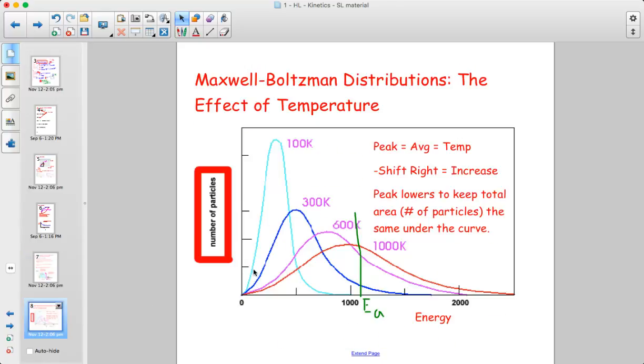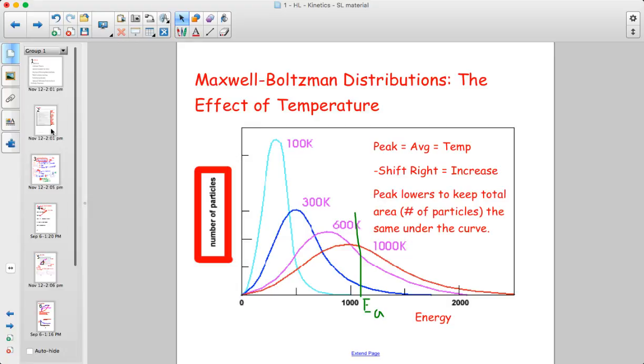You could also be asked to draw two curves, one for regular temperature and one for a different temperature, and you'd be expected to make the peak move left or right and either get taller or shorter depending on what the change was. And again, adding activation energy and discussing why changing temp affects reaction rate. And that is Kinetics SL in one video.